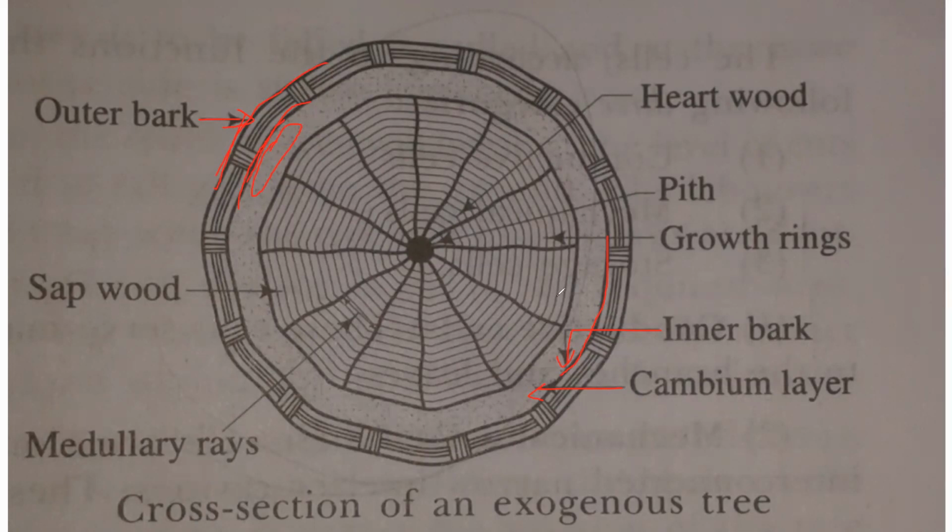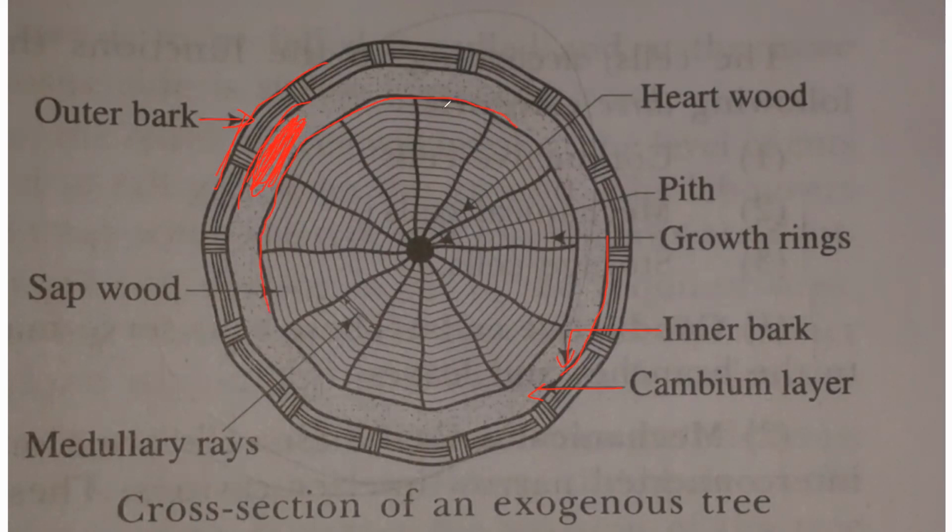After the cambium layer, you will get the growth rings. So this cambium layer is over now. After this cambium layer, your growth rings will start. This line you can see is a growth ring, not growth line. It is for the full diameter.